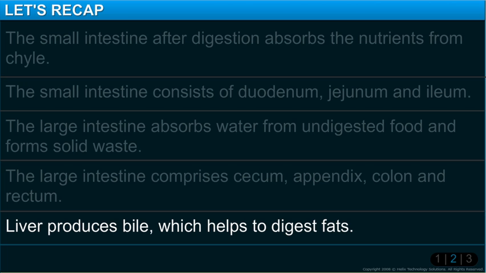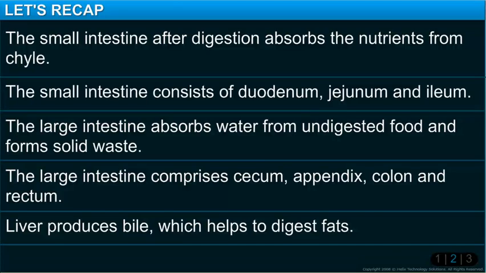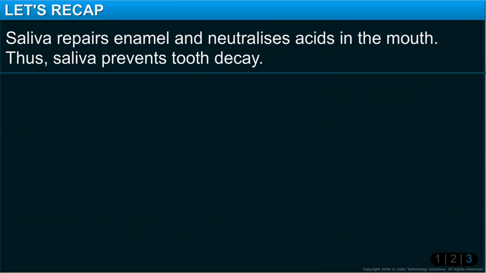The liver produces bile, which helps to digest fats. Saliva repairs enamel and neutralizes acids in the mouth. Thus, saliva prevents tooth decay.